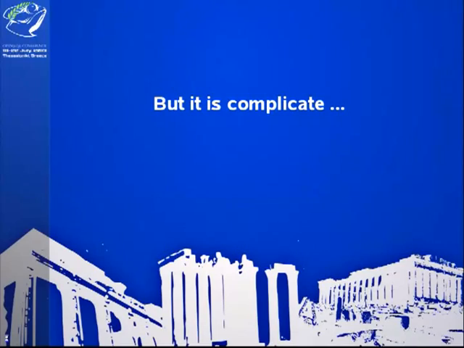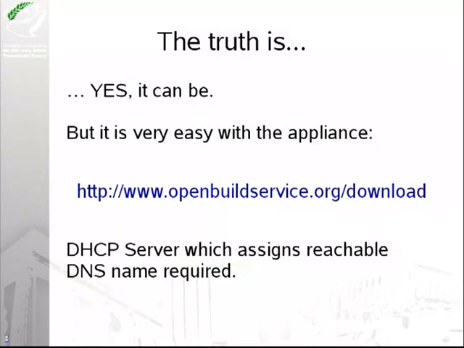Yeah. Sounds complicated. Yeah, the setup of the projects is easy, as I said. The build service setup of the main server, well, if you're really running a large build service with plenty of users, yes, it will become complicated because you need to consider some load balancing, backups, and so on.